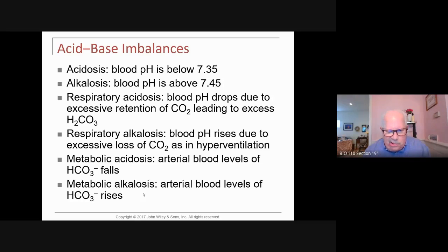Let me go into metabolic alkalosis. Metabolic alkalosis means that you are losing acid. You are losing acid, and not a volatile acid.